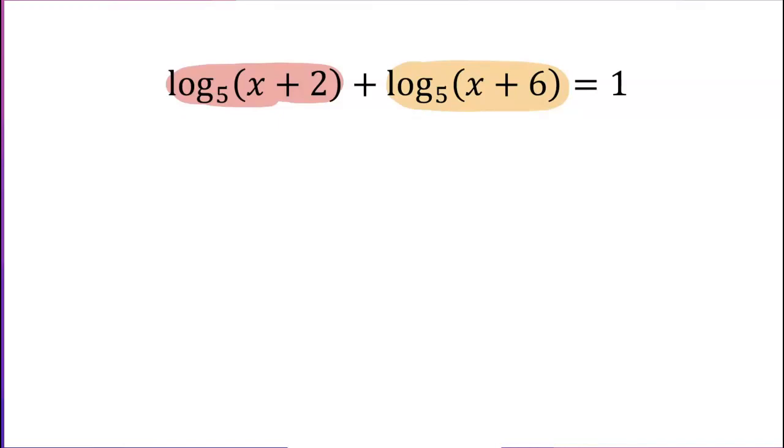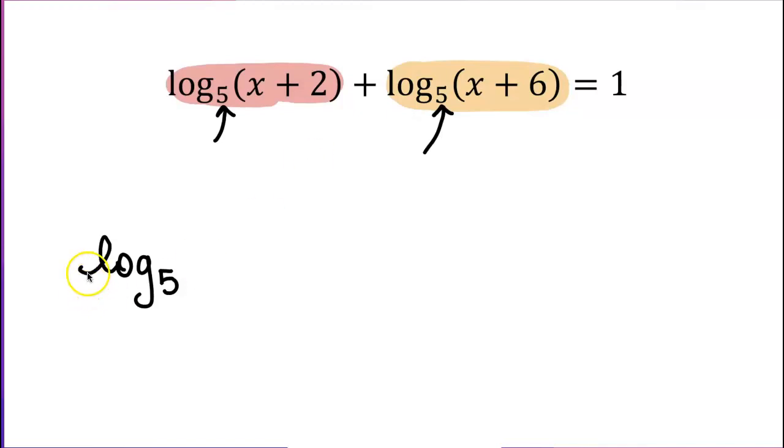Notice that both of these logs have base 5. When they have the same log base and are connected by a plus sign, we can combine them into a single log using the sum property of log.